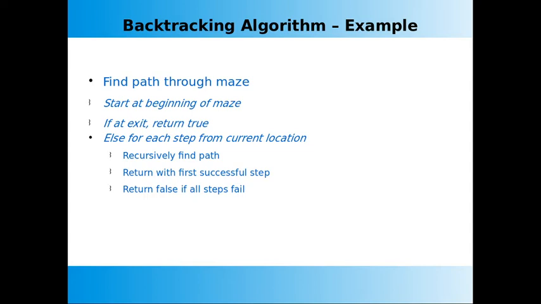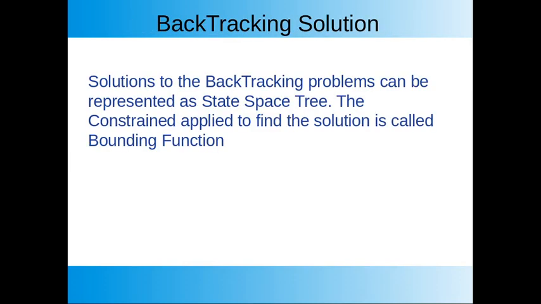We have different paths to find for the maze to reach the destination. Some paths will result in failure, and we have to end the path along the way. So the maze has different paths, and we find the solution. This is an example of a backtracking algorithm.